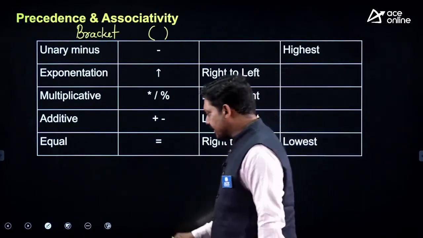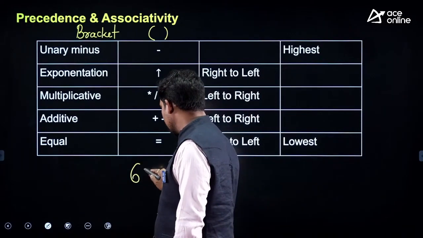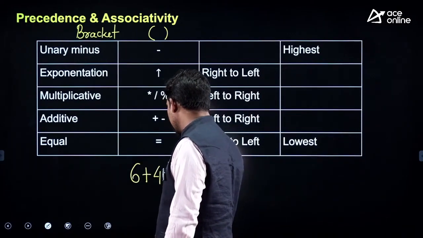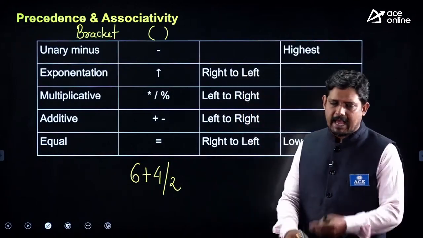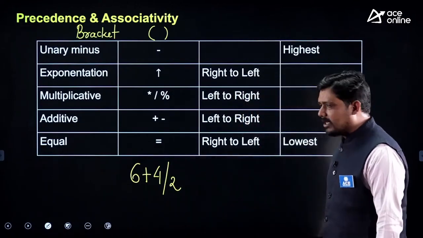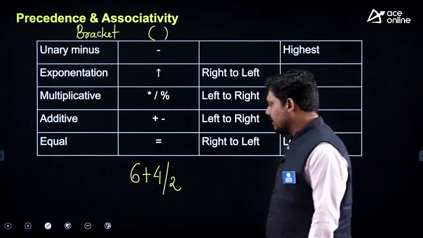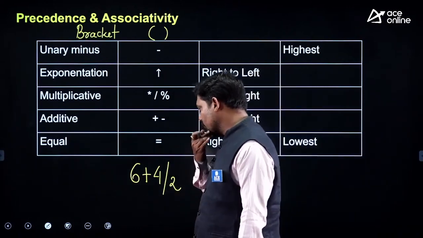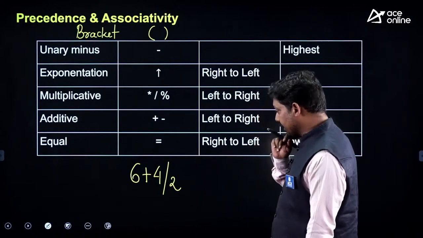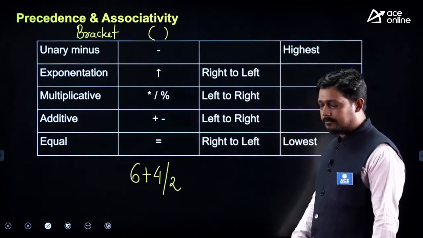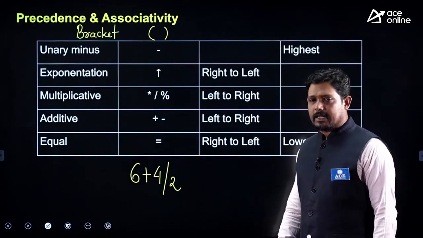Like here, suppose I want to calculate the average of two values, and generally on pen and paper I write 6 plus 4 divided by 2. You might think this equals 5 because 6 and 4 is 10. But the computer will not understand this.